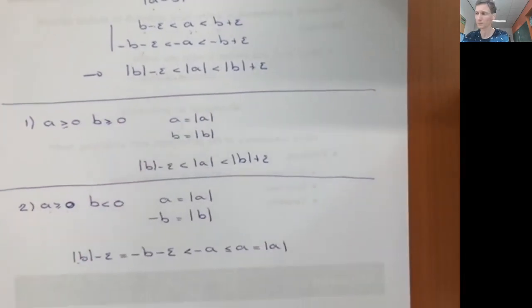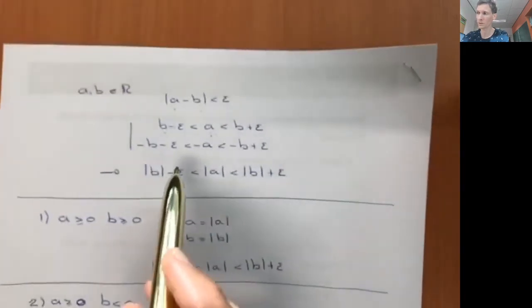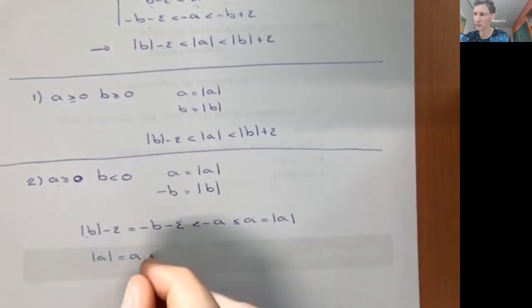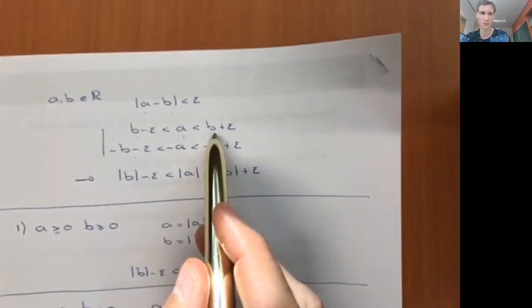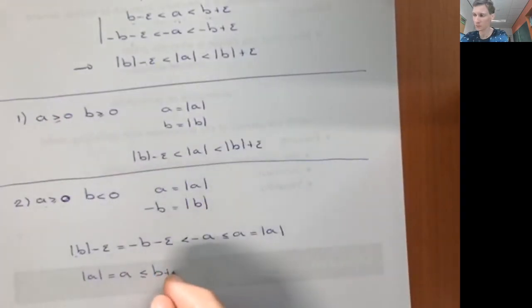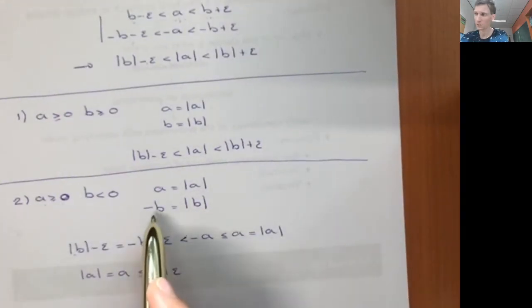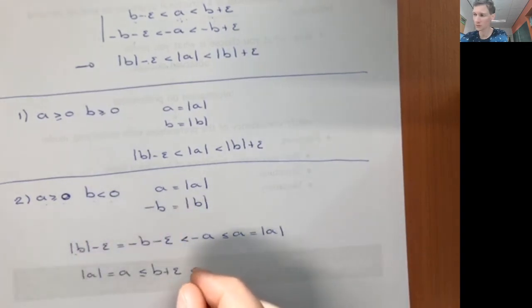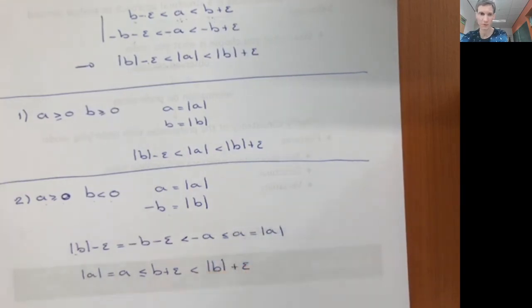So that's good. Then for the second part we use this. We know that the absolute value of a is equal to a because a is non-negative, and we know that this is smaller or equal to b plus epsilon, and we know that b is negative, so we know that b is smaller than the absolute value of b plus epsilon.